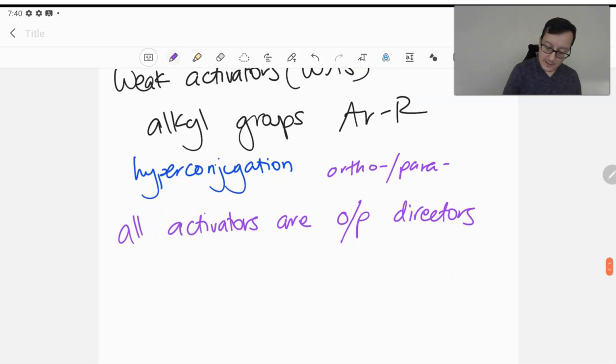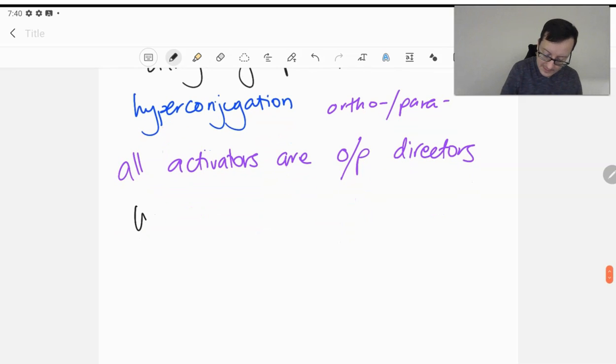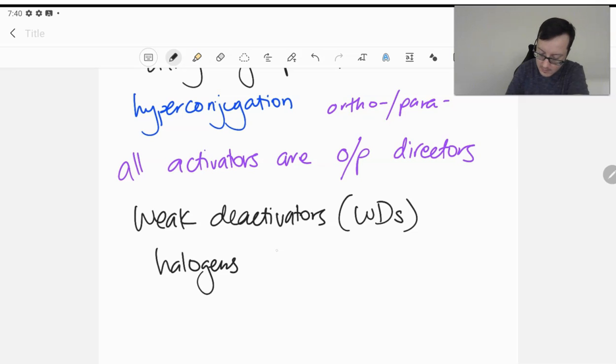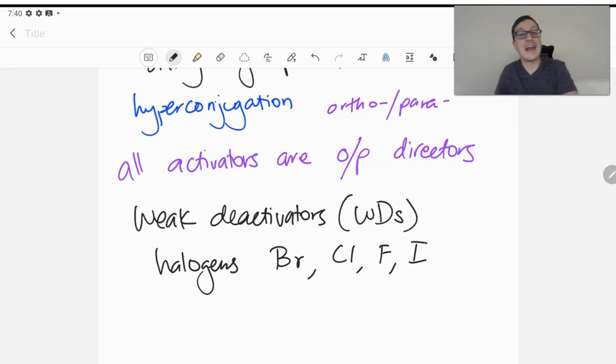And we're going to see that we have weak deactivators, which we will abbreviate WD, weak deactivators. These will be our halogens. Our bromine, chlorine, fluorine, iodine, all of these halogens are weak deactivators.